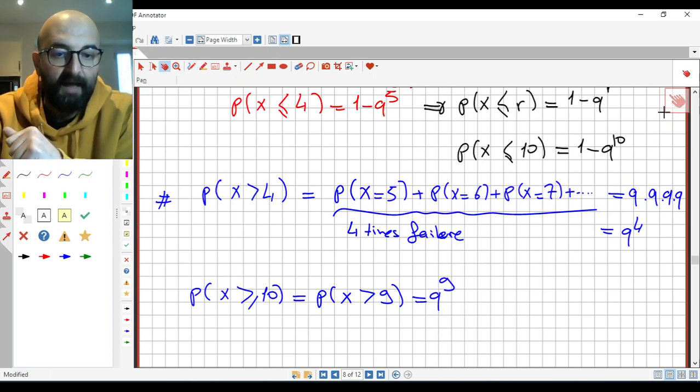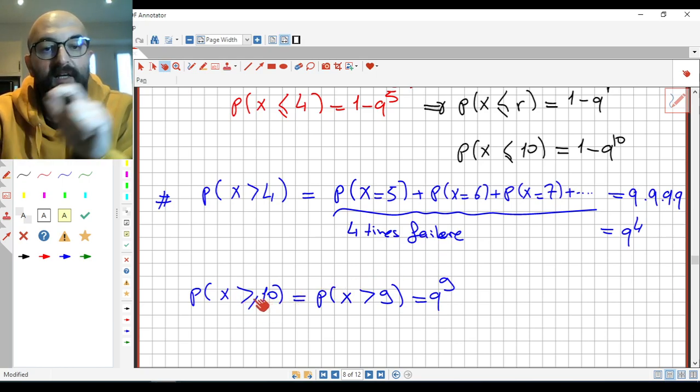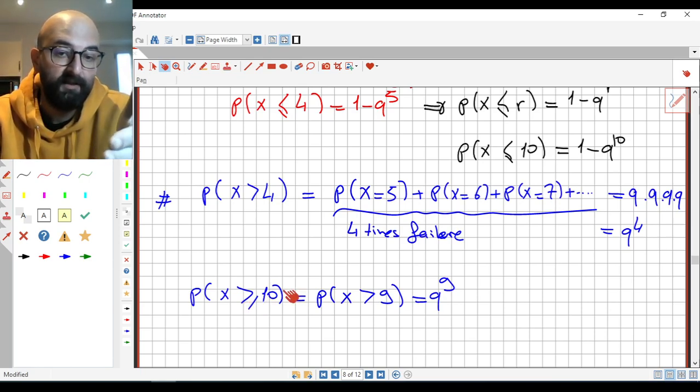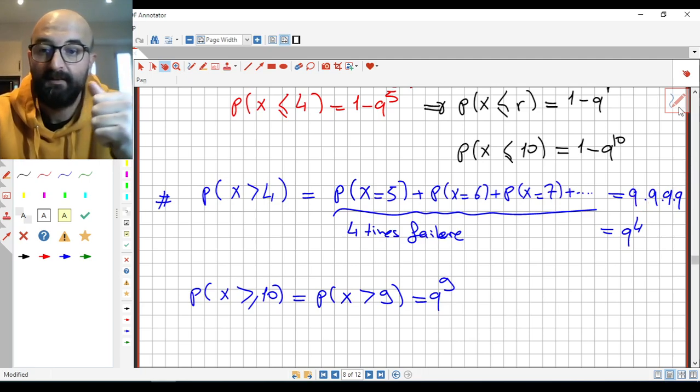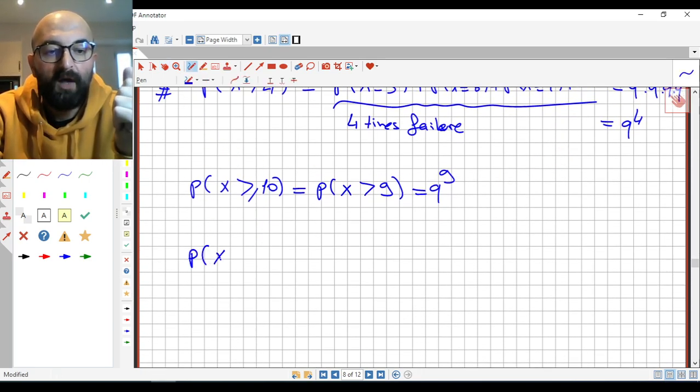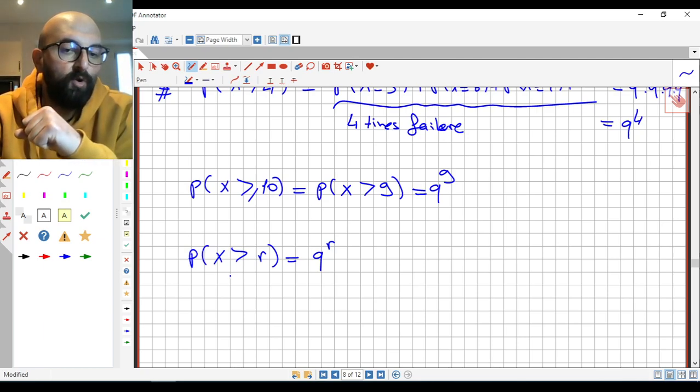Because we want to get success for the first time in the 10th trial, or maybe later. So we can say that the probability of x greater than r means q to the power of r.